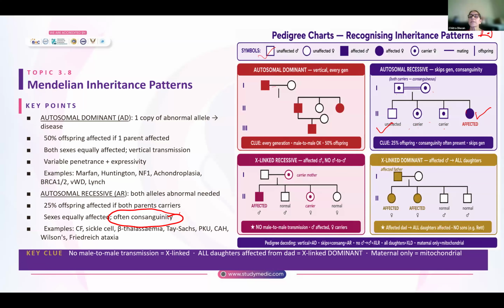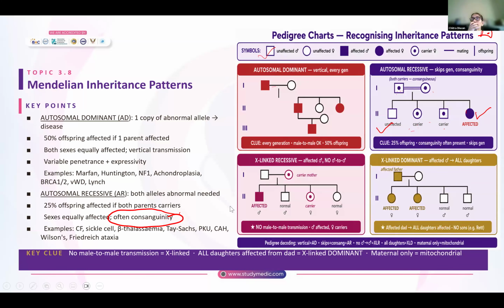So 25% of the offspring is affected when it is autosomal recessive, 25% is unaffected, and 25% is carriers. And it will usually be consanguineous. So whenever you see this double line, it indicates that it is a consanguineous marriage or consanguineous mating.